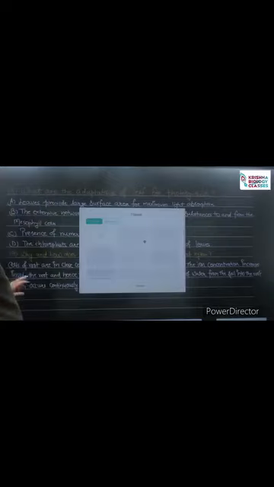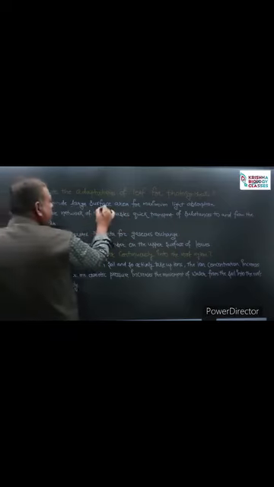What are the adaptations of the leaf for photosynthesis? If we look at the adaptations of the leaf, it provides a large surface area for maximum light absorption.